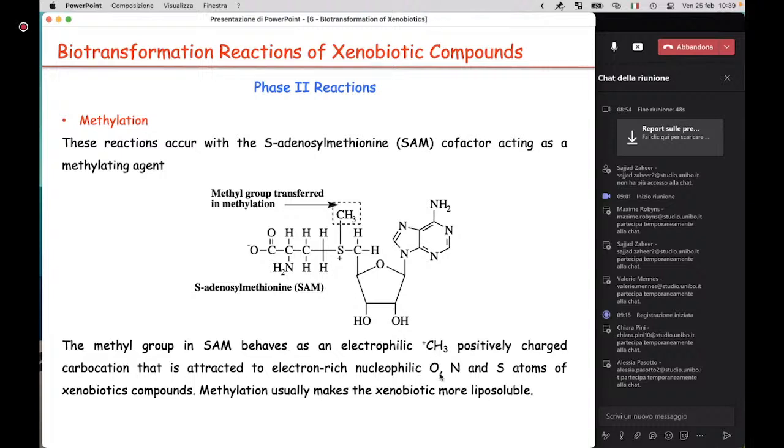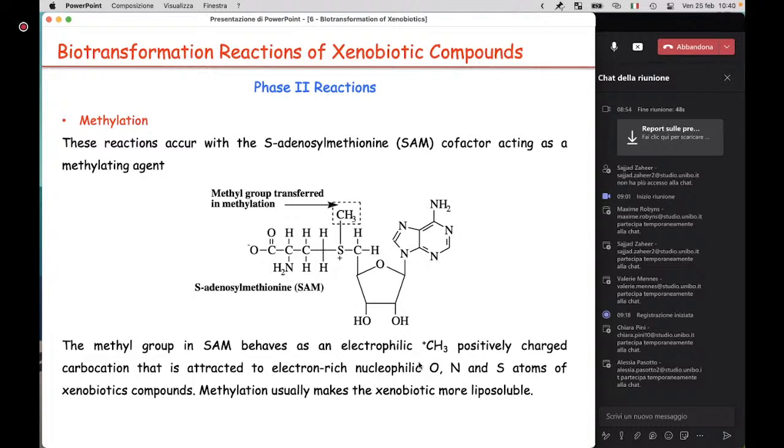And you may remember that oxygen, nitrogen, and sulfur have electron pairs, let's say unbound free electron pairs around the atom. Oxygen has 2 electron pairs, nitrogen has 1, sulfur again has 2. So those electron pairs are very, very attractive. Of course, they are negative because they are electrons, and they are attractive to the positively charged methyl group.